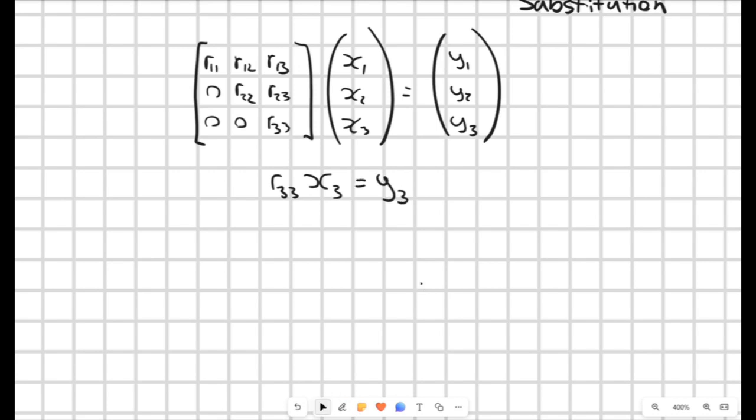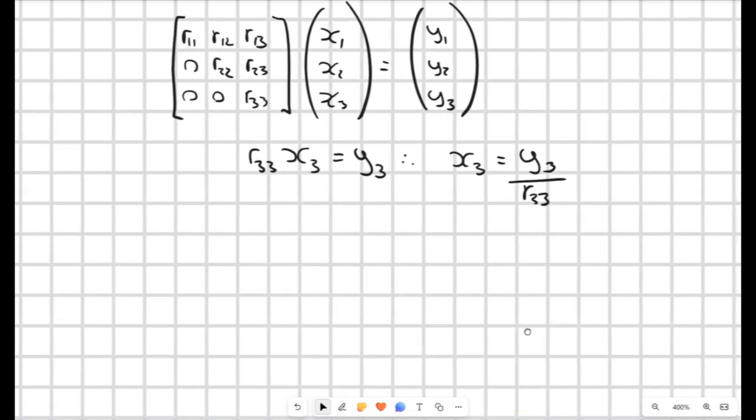And so that means that we can easily solve for x3 because we know it's equal to y3 divided by r33. So we've now solved the last element of our vector x.